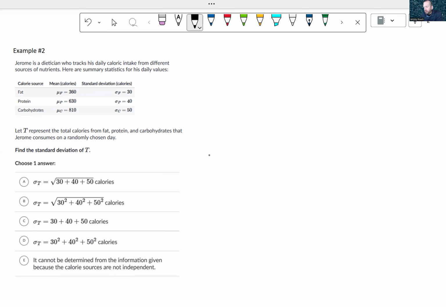And at first glance, I thought, well, we'll just find the variance like before. We could just say the variance of fat plus protein plus carbs is equal to the standard deviation squared of fat plus the standard deviation squared of protein plus the standard deviation squared of carbs.